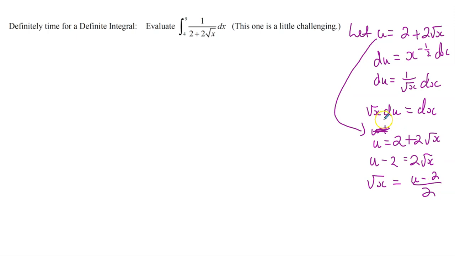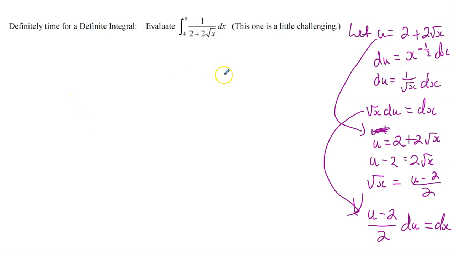And so we will be getting rid of the root x here and writing it in terms of u instead. So u minus 2 over 2 du is equal to dx.